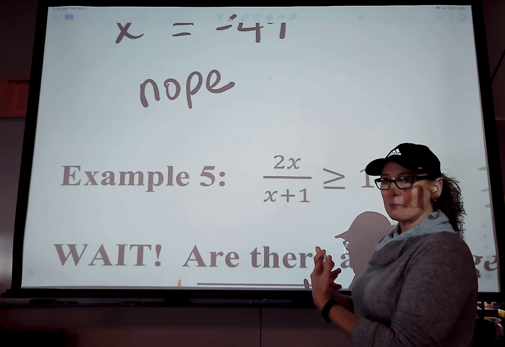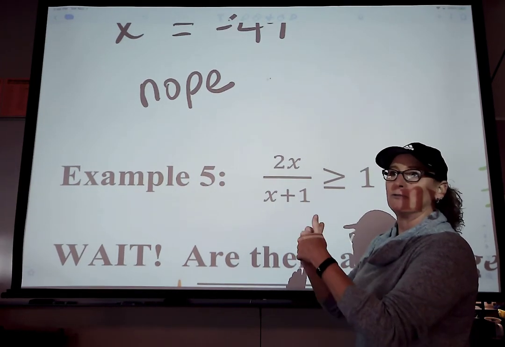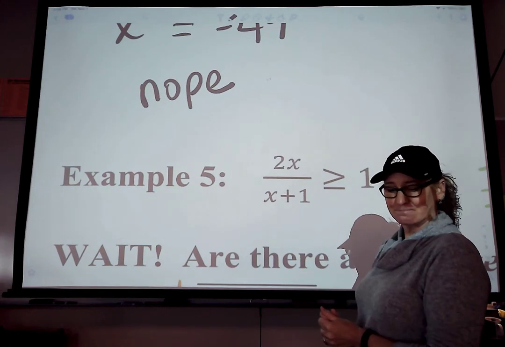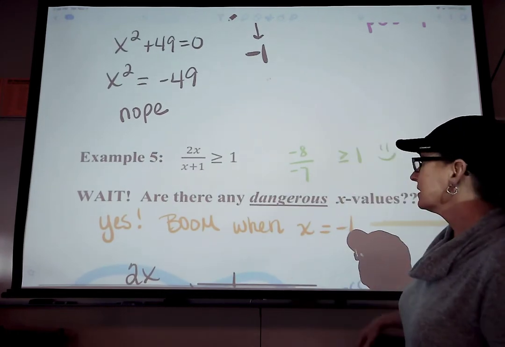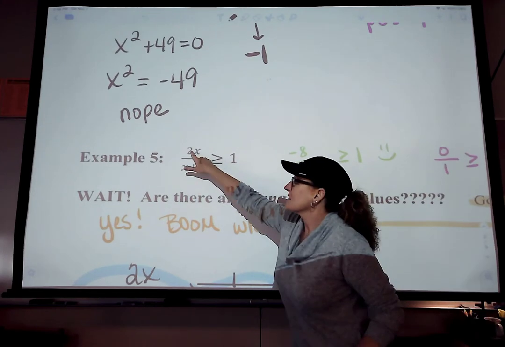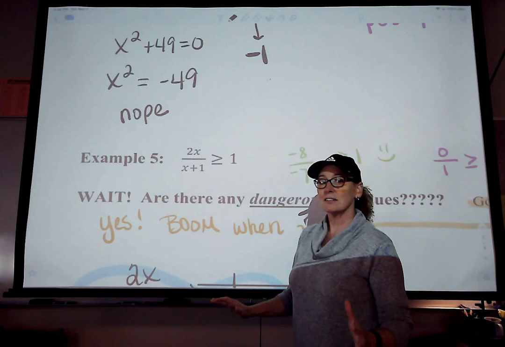If you've thought of the number that you don't want me to include, thank you. You just saved me from blowing up. So most of you recognize this rational expression is going to blow up when x is negative 1. Let's not use that number.